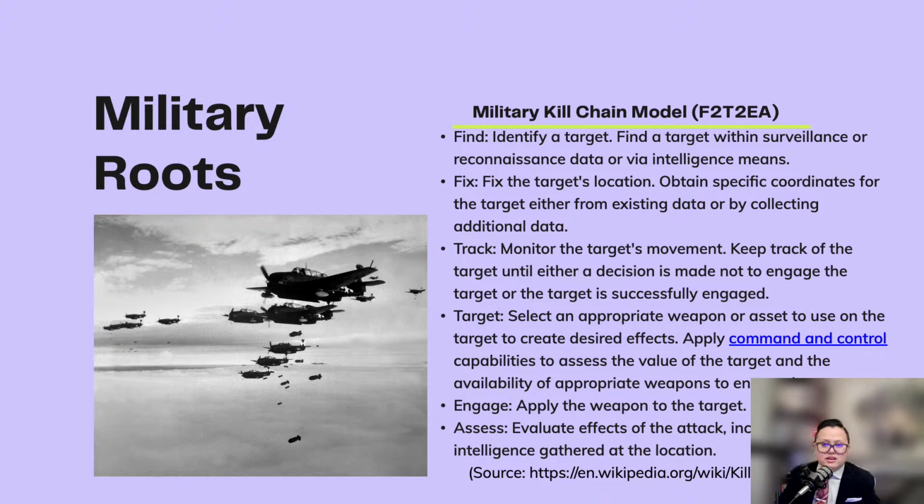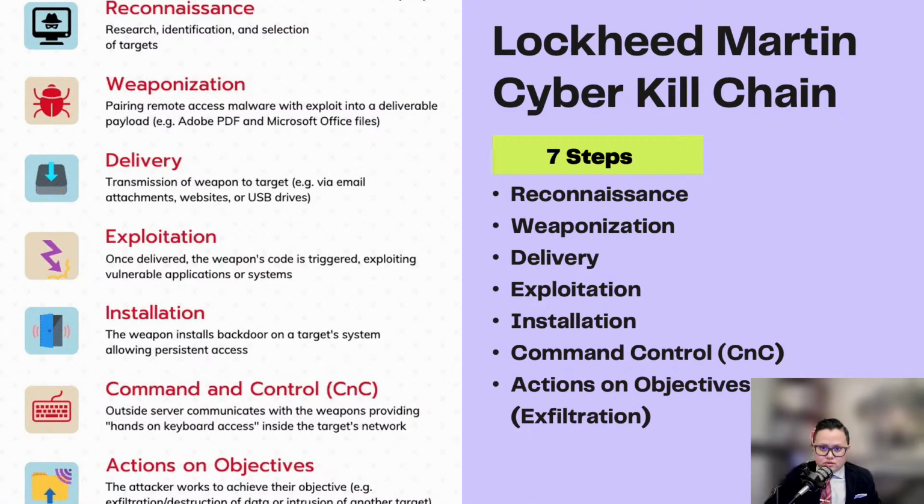And on the next slide, I'm going to show you the cyber kill chain model, and you can kind of see how some of these steps have actually really influenced the Lockheed Martin cyber kill chain. Here are the 7 steps of the Lockheed Martin cyber kill chain that an intruder must successfully complete from steps 1 through 6 in order to successfully accomplish their objective, which is the final stage, actions on objectives.